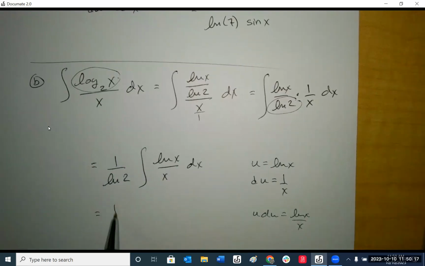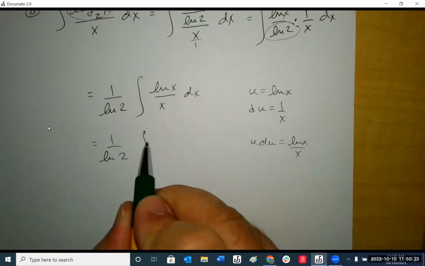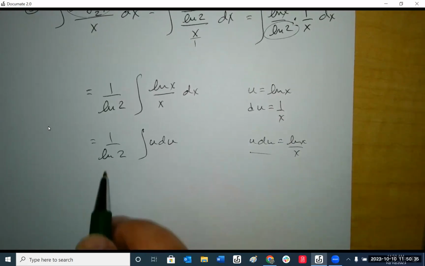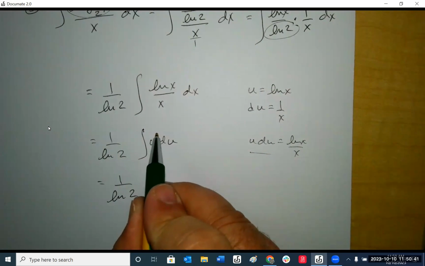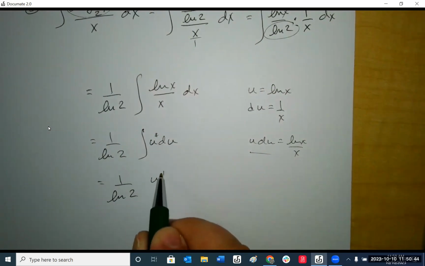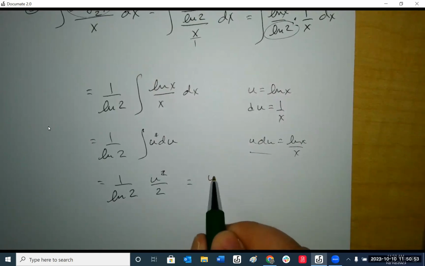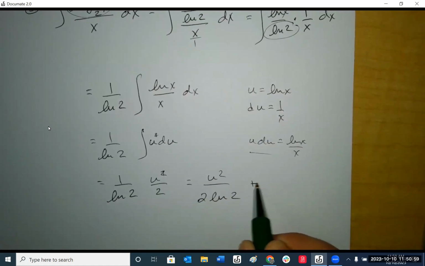So this is actually the integral of u du, according to all this. U du is add 1 to the exponent, so it's u squared over 2 ln 2 plus c.